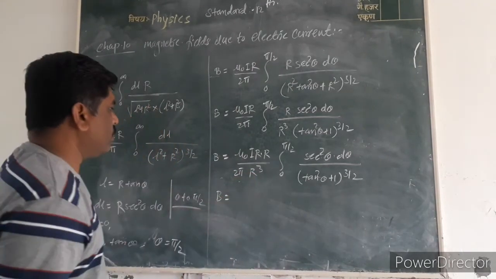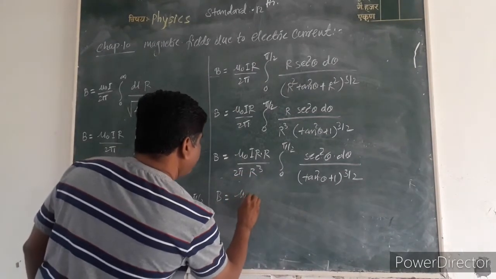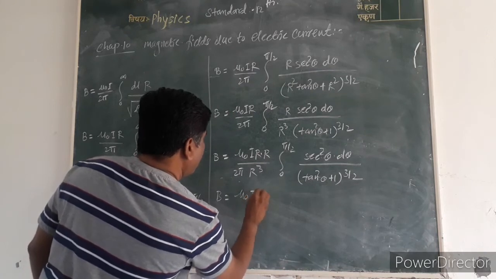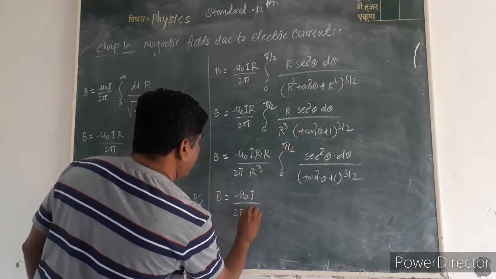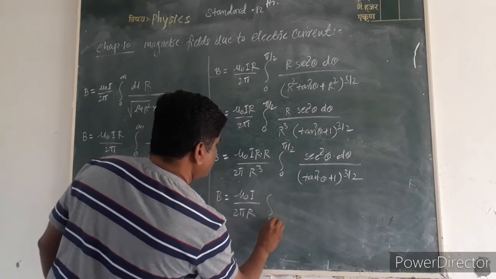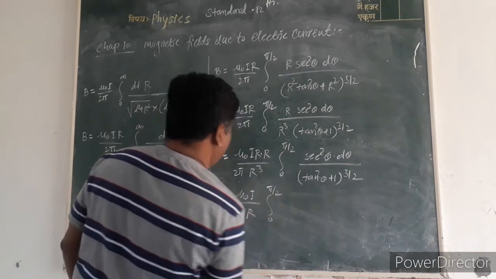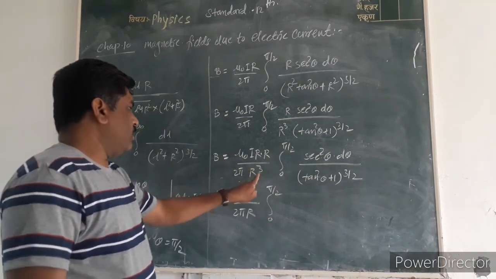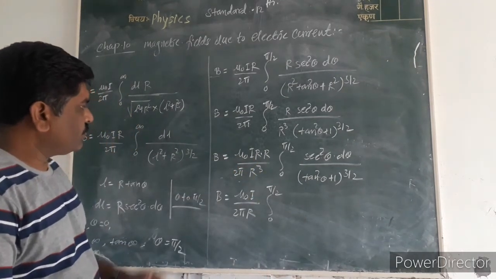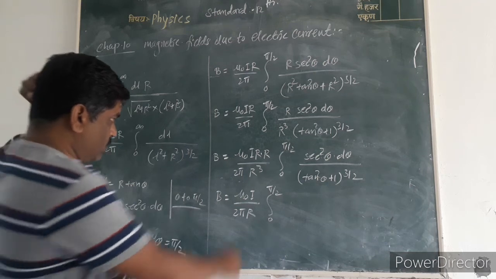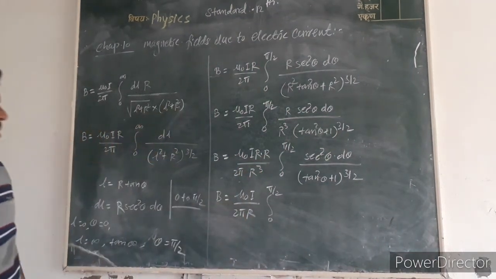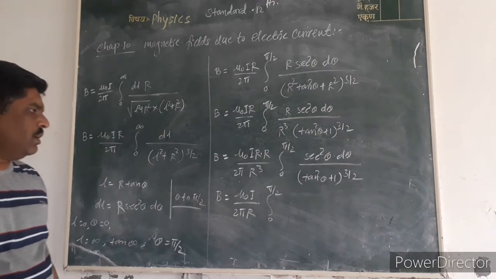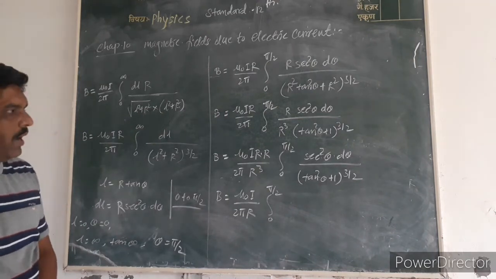So B is equal to mu 0 I divided by 2 pi r, integral 0 to pi by 2. The 2 r's, 1 is remaining. These 2 cancel with these 2, 1 remaining. Therefore, B is equal to mu 0 I divided by 2 pi r.